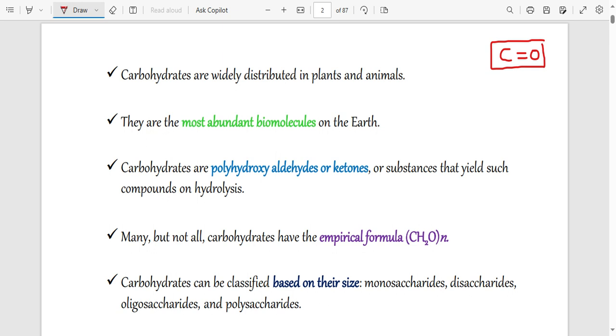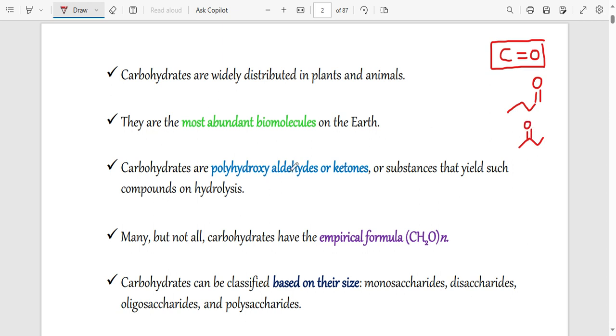When this carbonyl group is at the end of the chain, let's say you had something like this and you have it at the end of the chain, this is known as an aldehyde. When the carbonyl group is in the middle, any position as long as it's not at the end of the chain, that becomes a ketone.